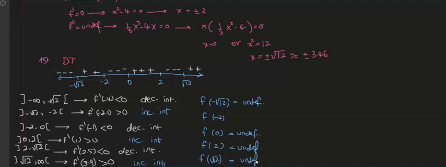So all these values are undefined except at negative 2, and therefore only negative 2 can we consider as a critical point, with its corresponding y of 16 over 3. 16 divided by 3 is approximately 1.67, but we don't need to know this. We just need to know that it's defined and there is a corresponding y for that x, and we will return to the function to see what happened around negative 2.